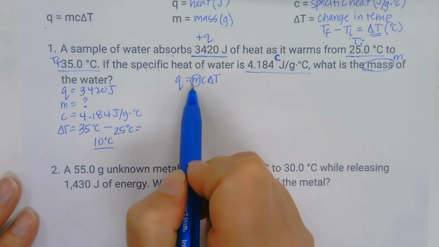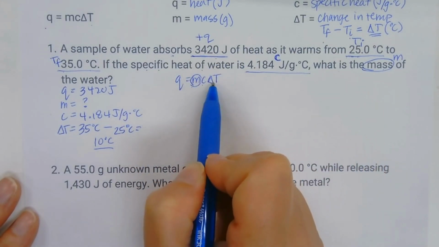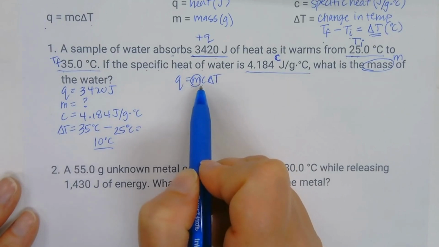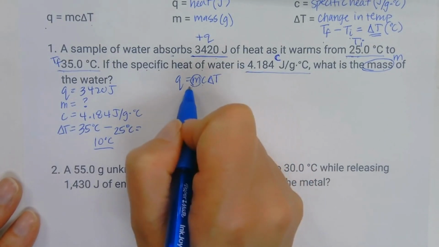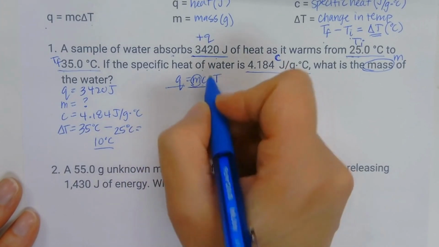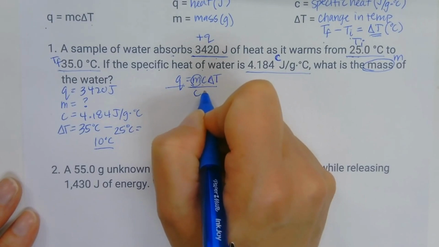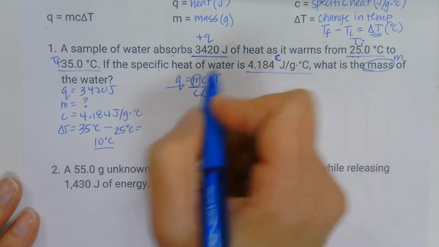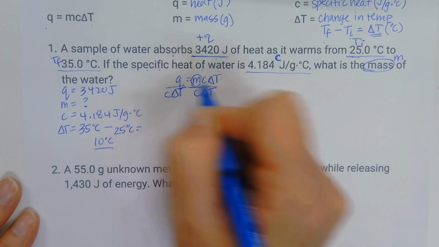So since I'm multiplying mass times C times delta T, I'm going to do the inverse operation and divide out the two that I don't want next to mass. So I'm going to divide out C for specific heat and delta T on both sides.